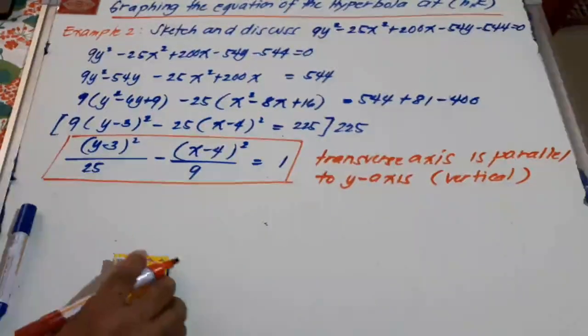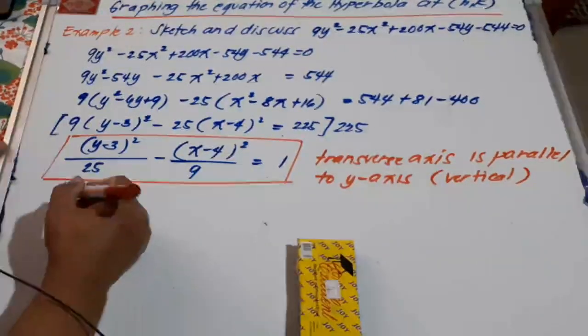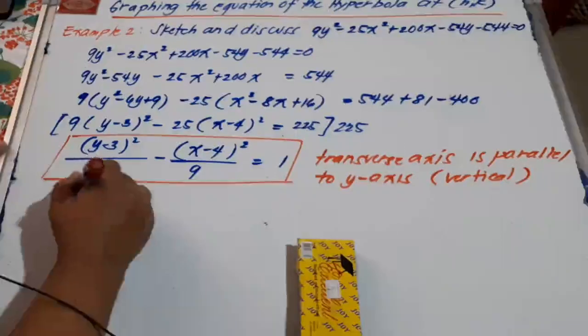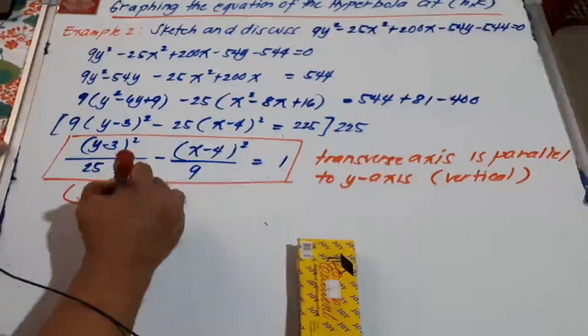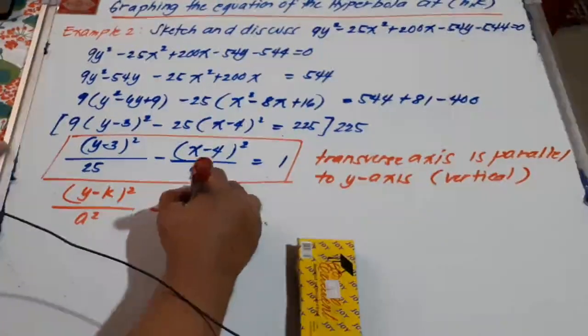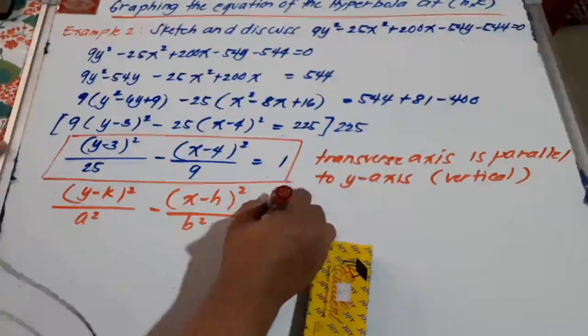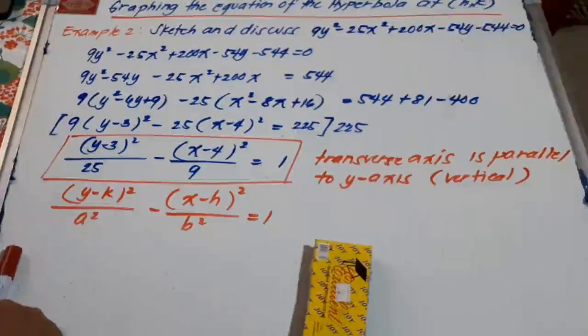So, i-match natin to doon sa ating equation. So, we have y minus k squared over a squared minus x minus h squared over b squared equals 1. Therefore, ang ating a ay equal sa 5.